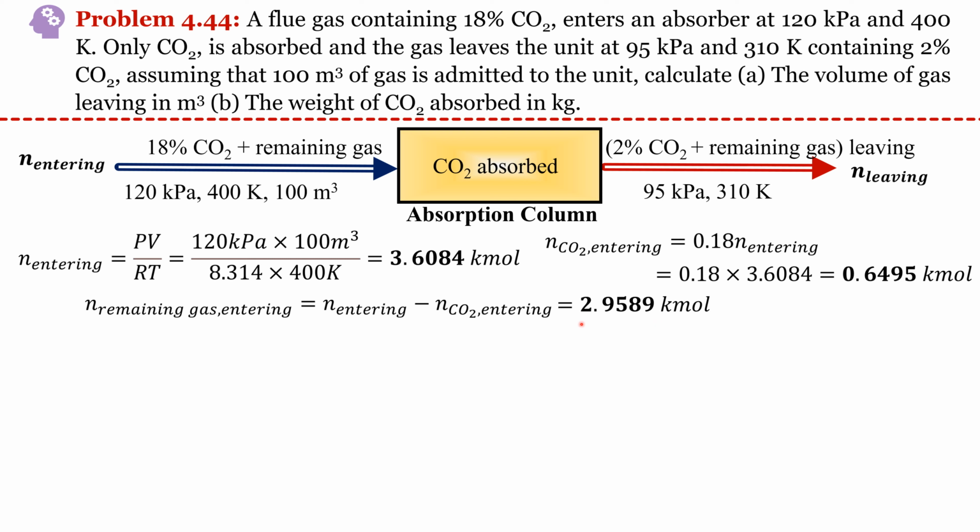So moles of remaining gas entering will come out as 2.9589 kilomole. And it is given that only CO2 is getting absorbed, so moles of remaining gas will remain same at entrance and at exit conditions. So we will utilize this condition to estimate N leaving.